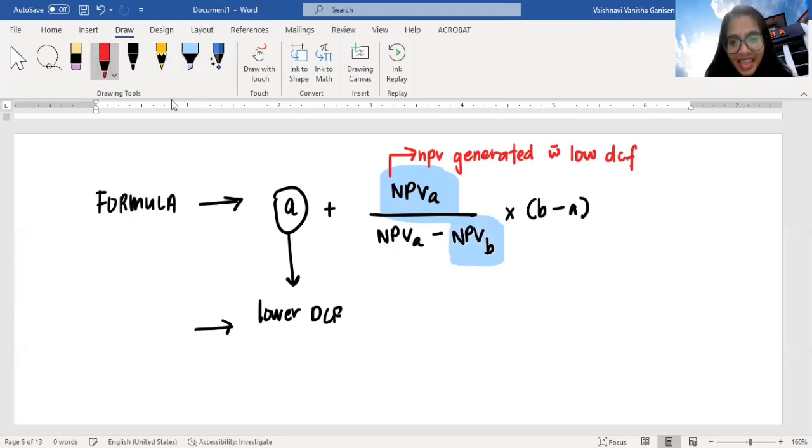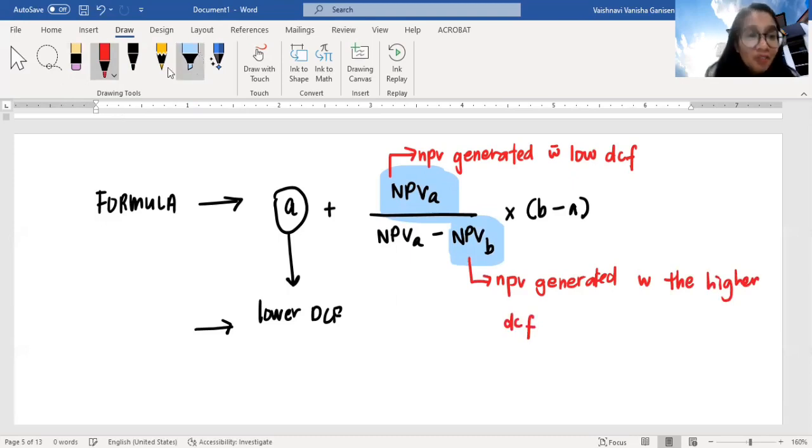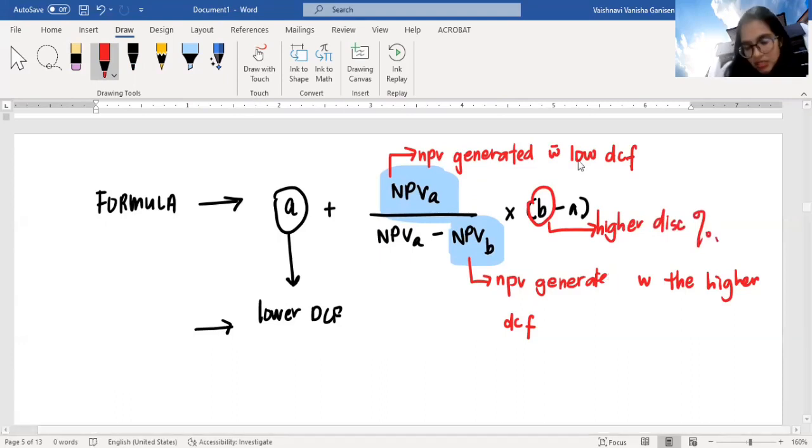NPVB is the NPV generated with the higher discount factor, and obviously B is the higher discount factor, the higher percentage.